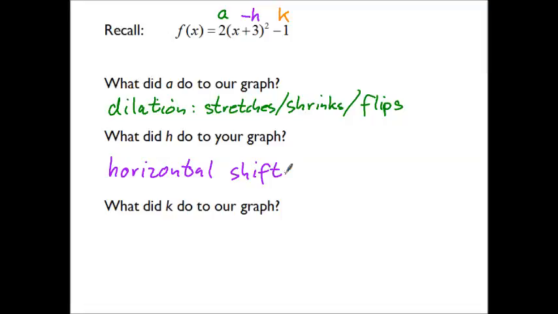That's why we said it's actually negative h up there in the parentheses. And k leads to a vertical shift, in other words, up or down.